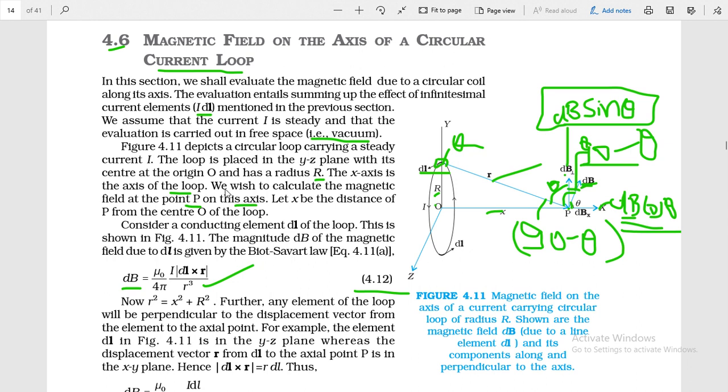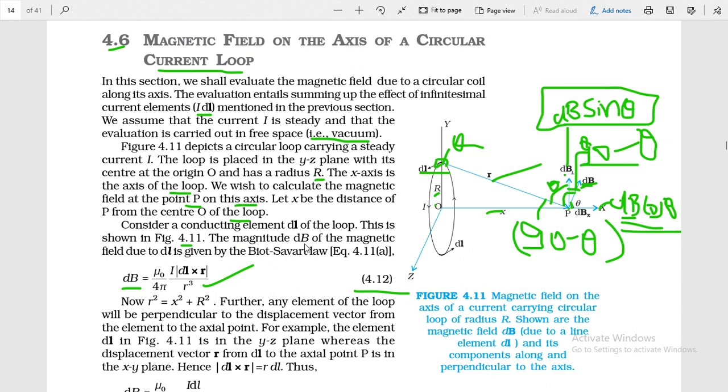Let x be the distance of P from the center O of the loop. Then consider the conducting element dl of the loop, as shown in figure 4.11.